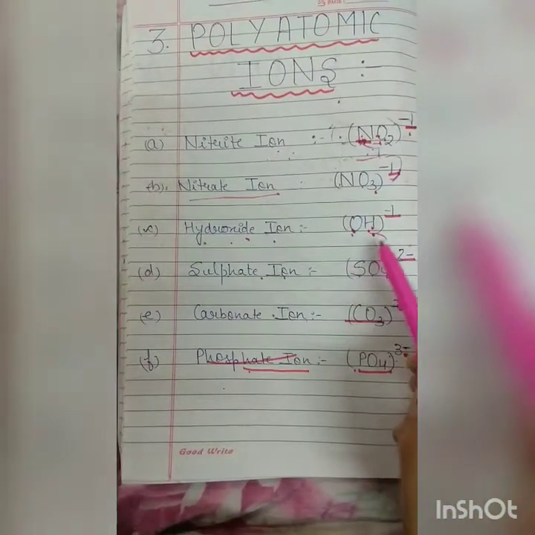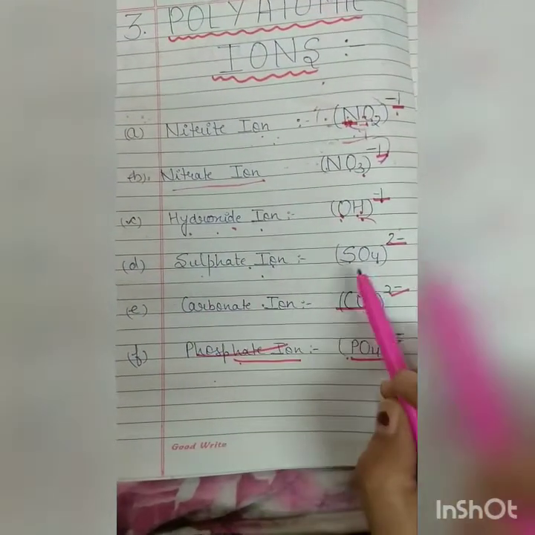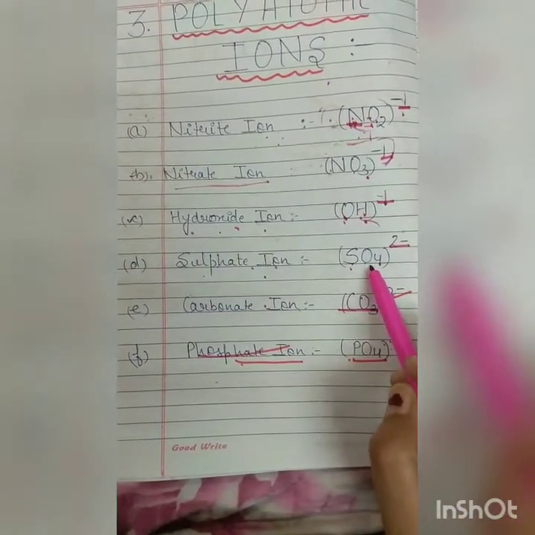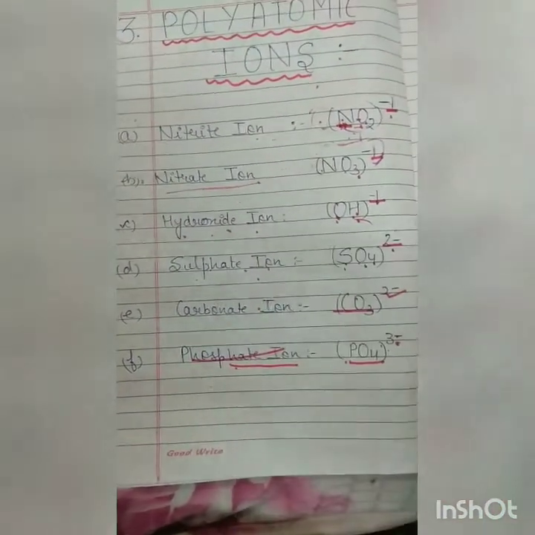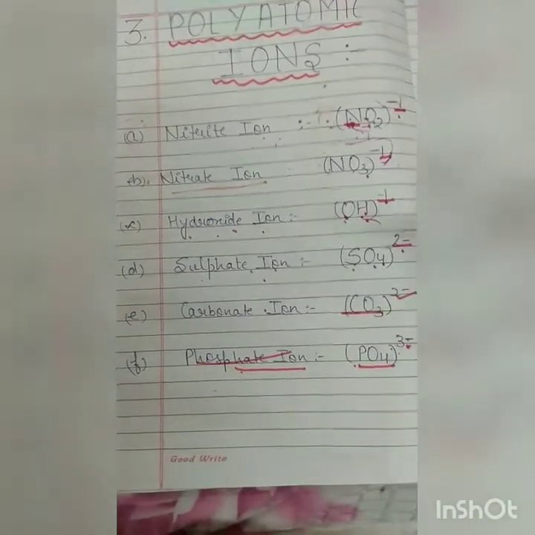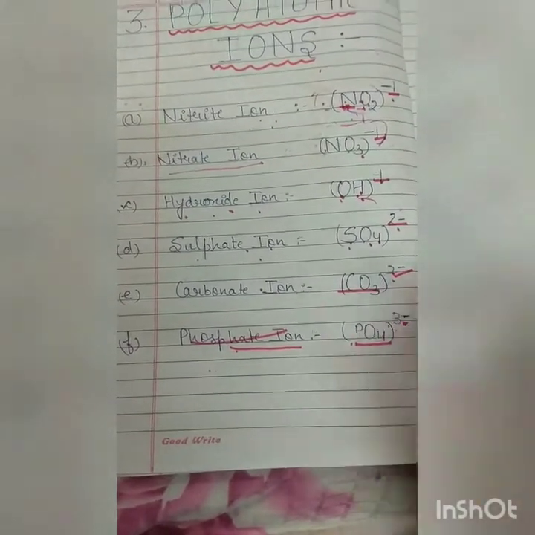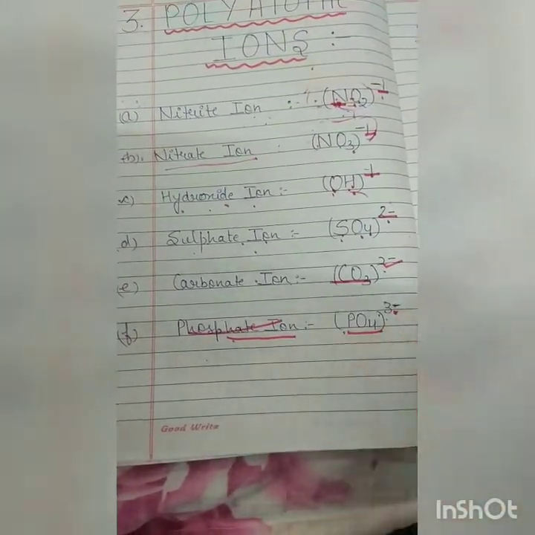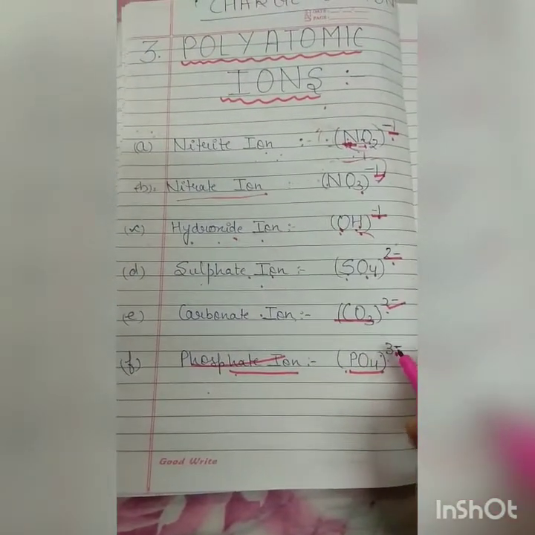But we consider their combined valency, that is minus 1. Sulfate ion, which is made up of sulfur and oxygen, and their combined valency is minus 2. Carbonate ion, which is made up of carbon and oxygen, and the combined valency of this ion is minus 2. Phosphate, PO4, whose combined valency is minus 3.